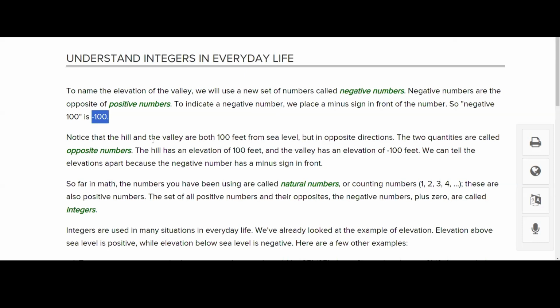If you remember, the hill and the valley are both 100 feet from sea level, but in opposite directions, so the two quantities are called opposite numbers. The hill has an elevation of 100 feet and the valley has an elevation of minus 100 feet. So we can tell elevations apart because the negative number has a minus sign in front of it.